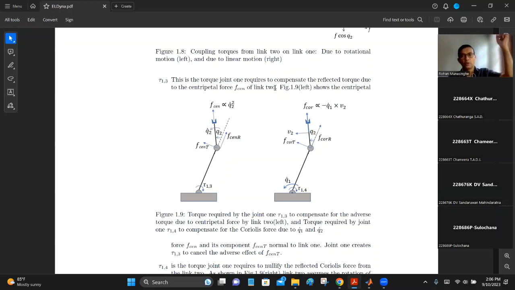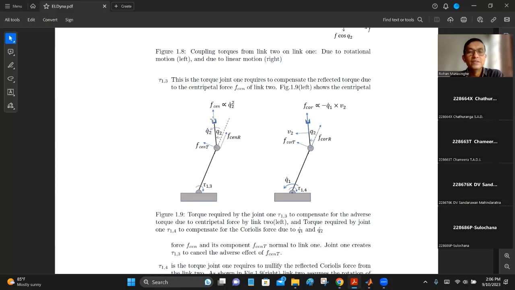When an object is in circular motion, right, it tends to move outward because there's a radially outward force, right? And that can deflect the entire manipulator if you do not have an opposing force for that. So this is the Fsen, the centripetal force due to the rotation of link 2, the second link.